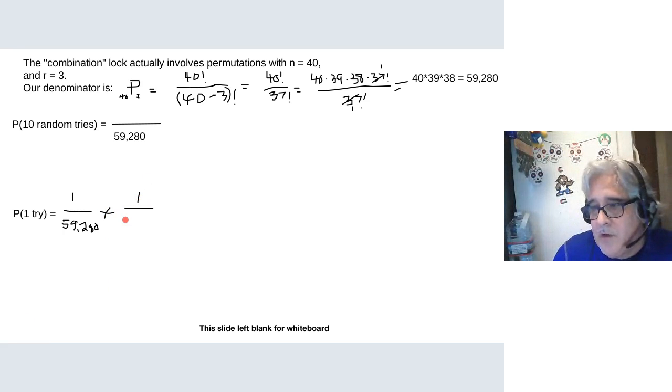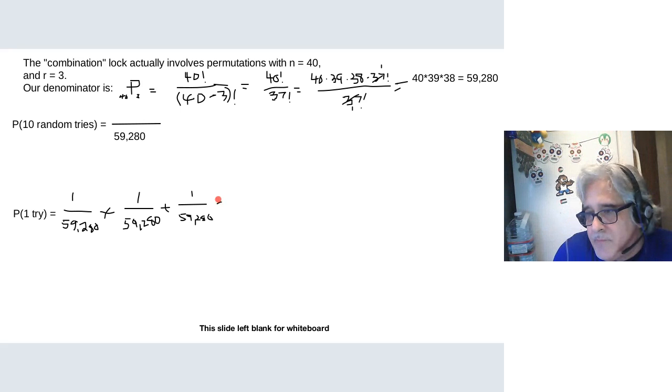you kind of look at it like this. I'm not going to write out all 10 of them, but what's going to happen here? If I add up 10 of these, imagine there's 10 of these with a 1 in the numerator.